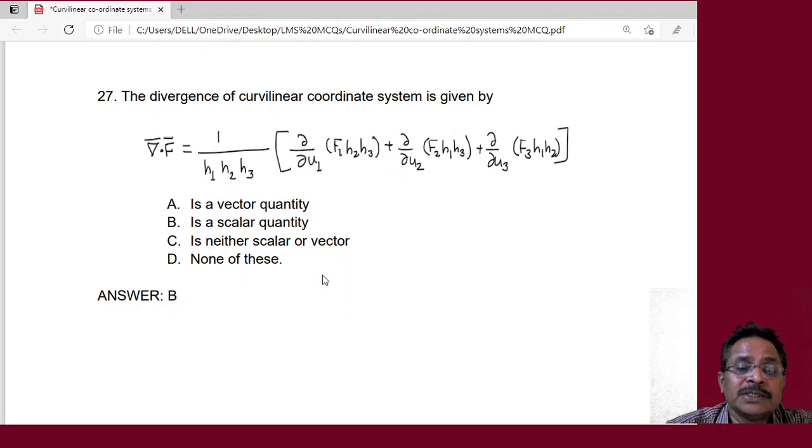The second term is ∂/∂u2 of f2 into the scale factors of first and third, that is h1, h3. Similarly, the last term is ∂/∂u3 of f3, the third component of the vector point function, into h1 and h2, which are the scale factors of the first and second directions. So this is the expression for the divergence of any vector point function in the curvilinear coordinate system.